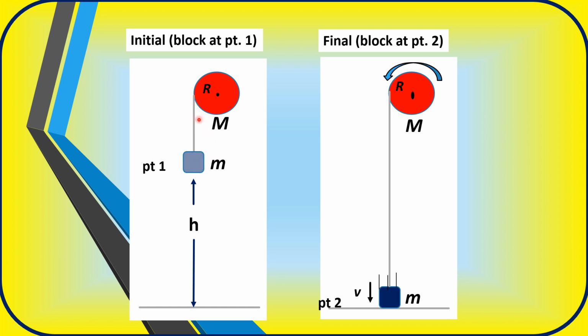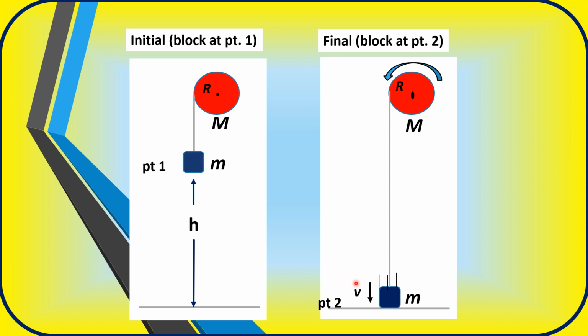It starts to accelerate down and travels a distance h until it reaches, or is just about to reach, point 2 with a certain linear or translational speed v. This distance h is also given.